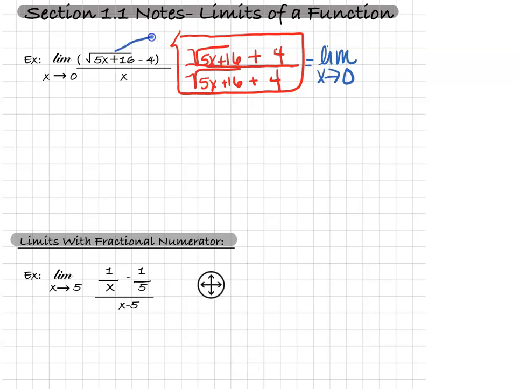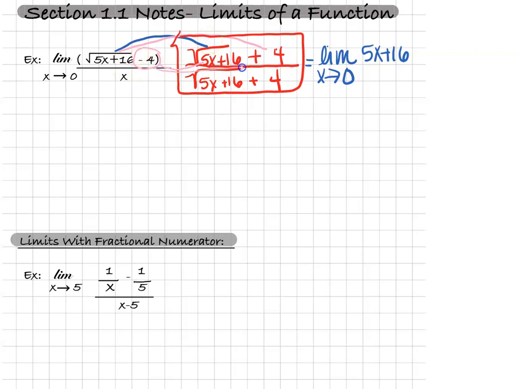So if I do this first radical times this radical, we saw in that last one, that just gives me 5x plus 16. Then if I do this square root times 4, that gives me 4 square roots of 5x plus 16. But you'll notice that when I do the next multiplication of -4 times the radical, I now have the positive and the negative, and so those are going to cancel.